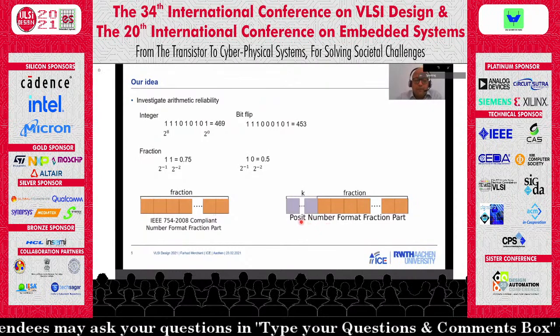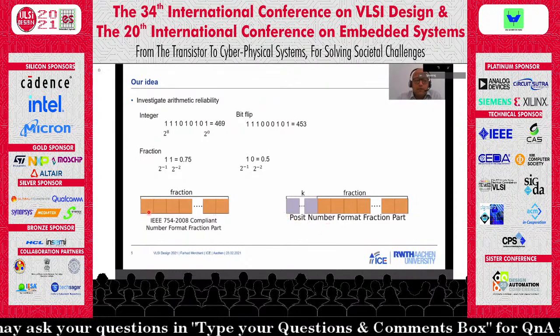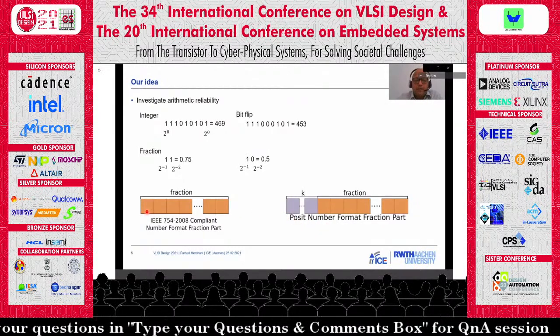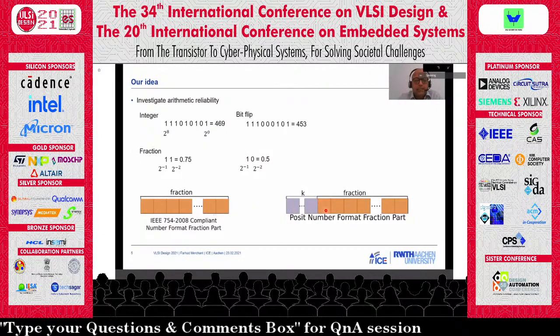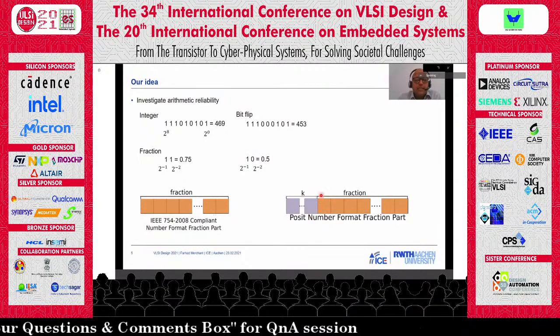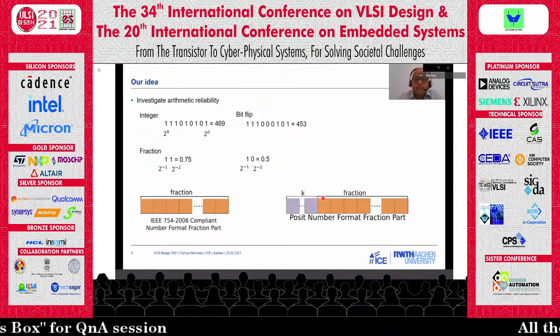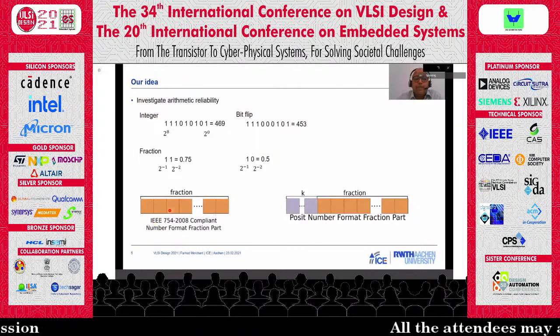So here, let's say you have a bit flip in the MSB of the fractional part, and you have a bit flip at the same position here, then the weight associated with this bit is usually much lower compared to IEEE 754.